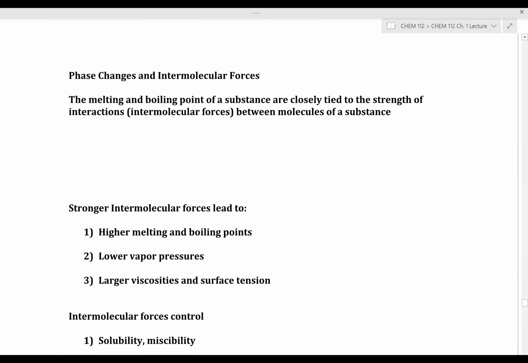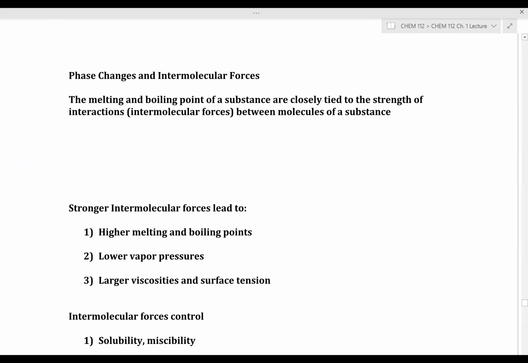So, particularly relevant today, let's take a moment and discuss a little bit about intermolecular forces and phase changes. How do the properties and polarity of our molecule and the functional groups in our molecule affect their physical properties, such as melting point, boiling point, vapor pressure?